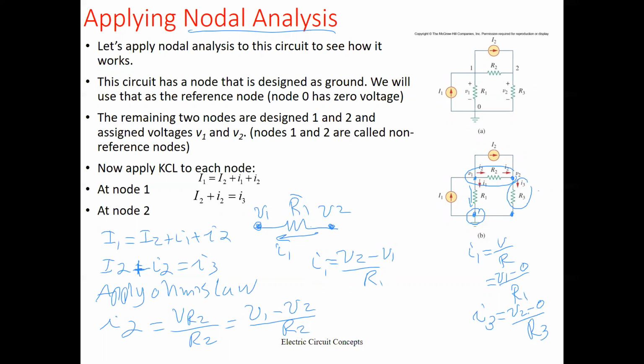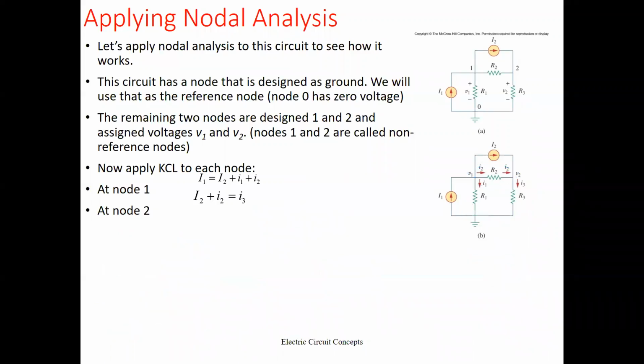Okay, so again, this is a rule of thumb: you need to know the current direction. Again, these directions, the red ones, we assume. You can assume any direction you want, but it's much easier to assume the current going from top to bottom, left to right.